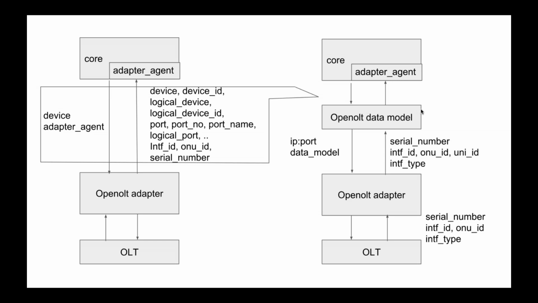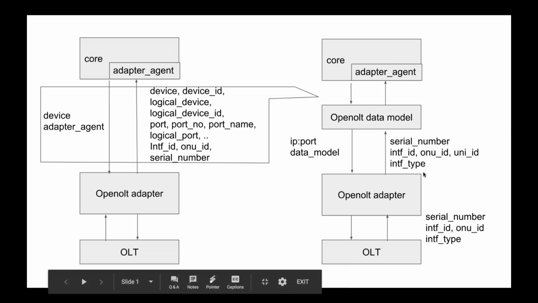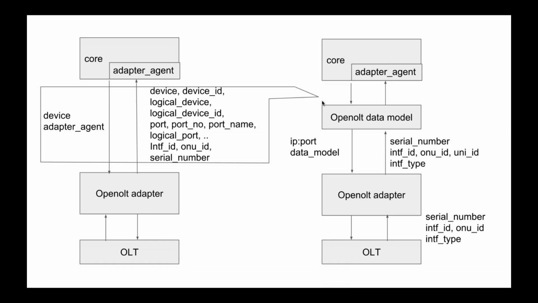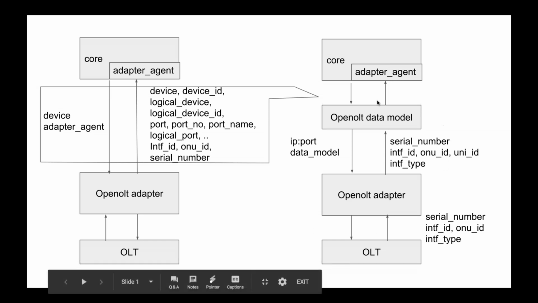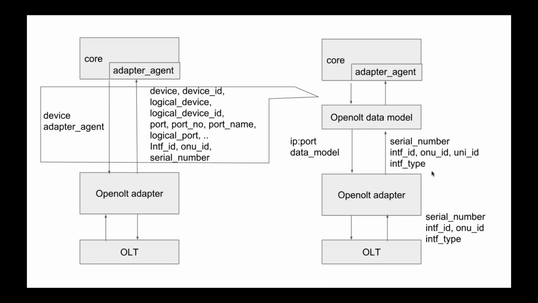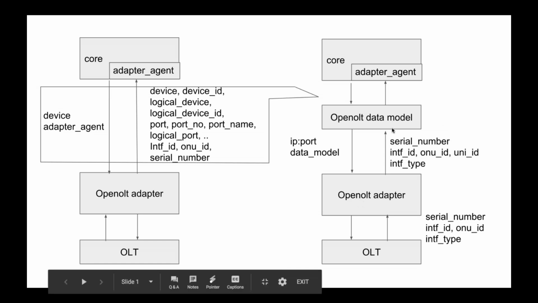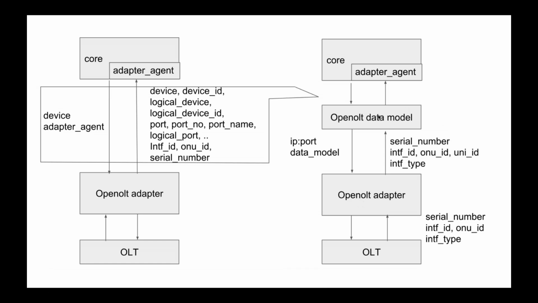I believe if we take these changes, this would then be the container. The OpenOLT data model and the OpenOLT adapter together would be containerized, and you would need an OpenOLT data model for 2.0, which is not talking a function-level interface, not the iAdapter interface, but talking to the 2.0 core proxy.